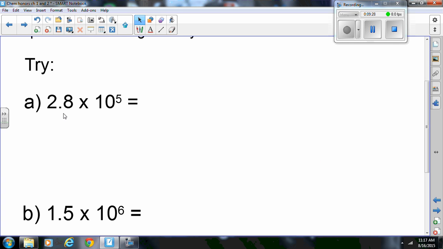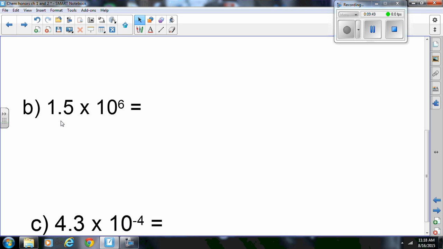Alright, so if you were in class, then you saw this becomes, you start at the decimal, this is a positive 5, so you move that decimal 5 places to the right, so 1, 2, 3, 4, 5, and the number reads 280,000.